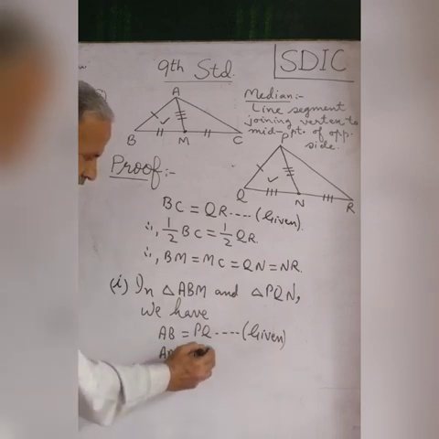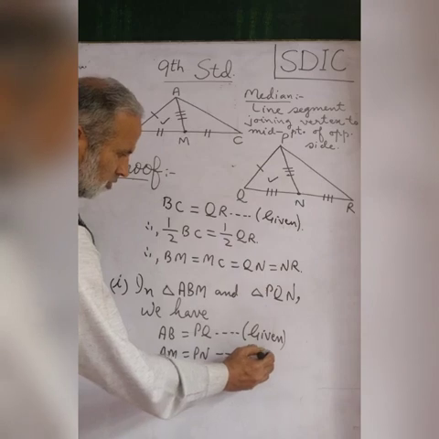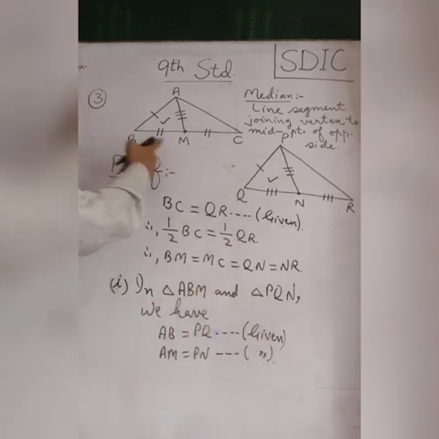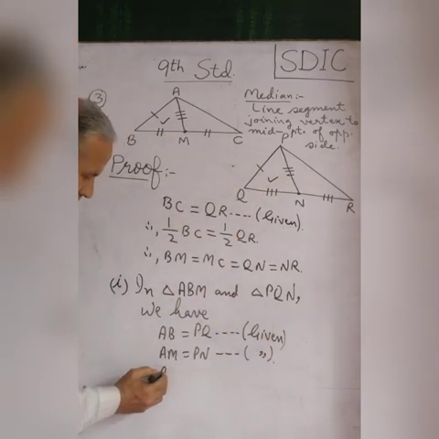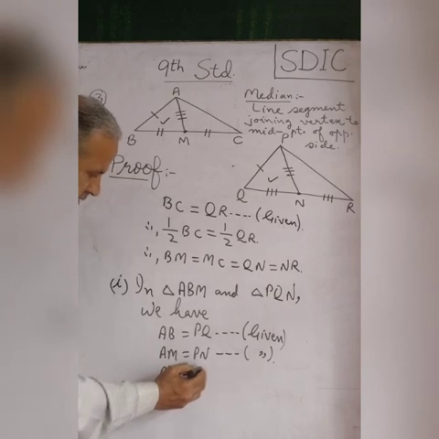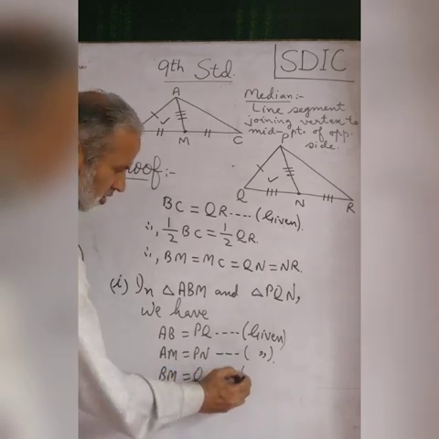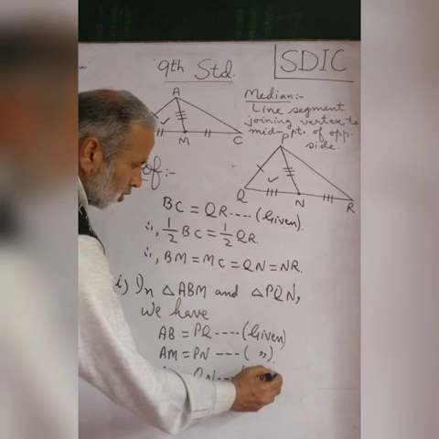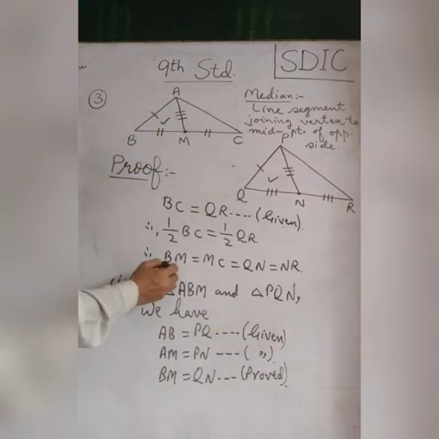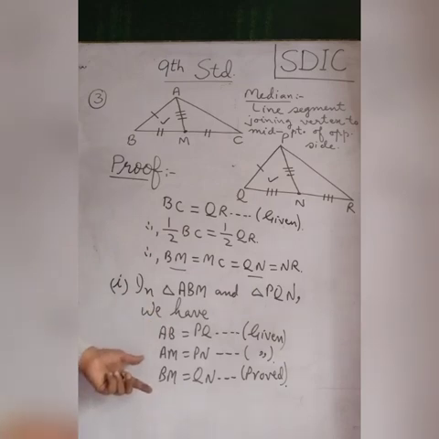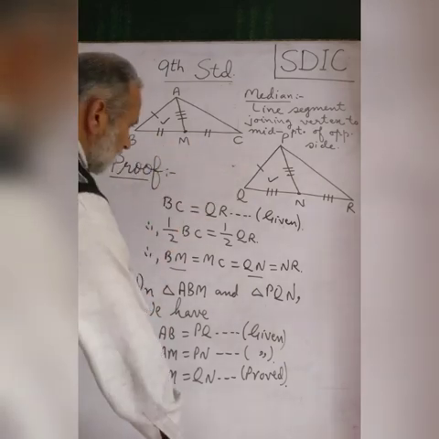Again put the reason. It is again given. Third, BM equal to QN. The reason, we will write this time, is proved. We have proved this result. Just now we proved BM is equal to QN. So we have three points. With these, we can conclude the two triangles are congruent, and that will prove our first part.